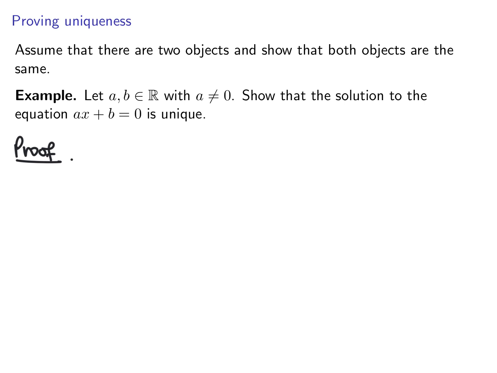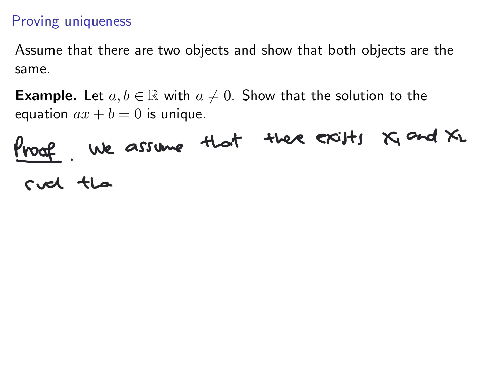Proof. So we're going to assume that there are two solutions to ax plus b equals 0. Let's call them x1 and x2. That there exist x1 and x2 such that ax1 plus b equals 0, meaning that x1 is a solution to that equation, and similarly ax2 plus b is also equal to 0 because x2 is also a solution, right?